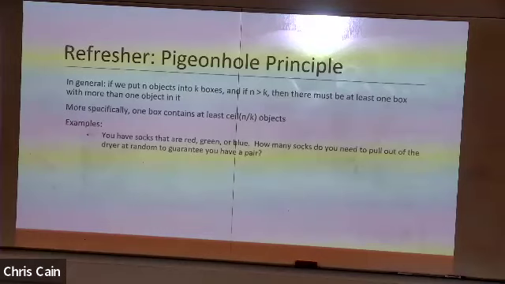How many socks do I need to pull out to know for sure that I have a pair? 4. In the worst case, we pull out one that's red, one that's green, one that's blue. The 4th one we pull out has to be either red or green or blue, so it guarantees a match.